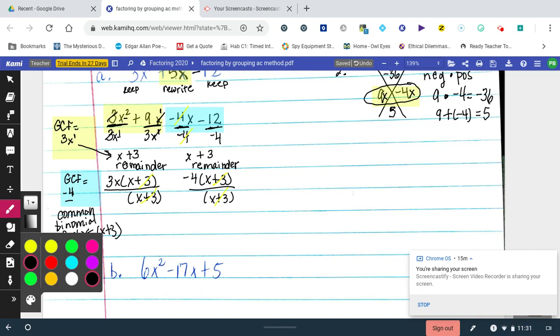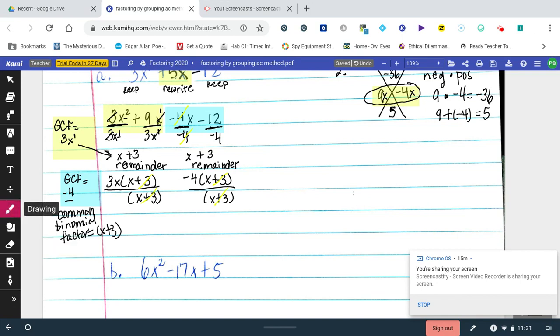So I'm left with a remainder of 3x minus 4. That's my remainder. But what I want to do is take my common binomial factor and put it with my remainder to put it in factored form. So factored form for this one simply is x plus 3 times 3x minus 4.